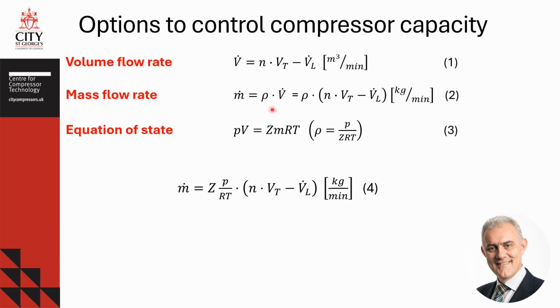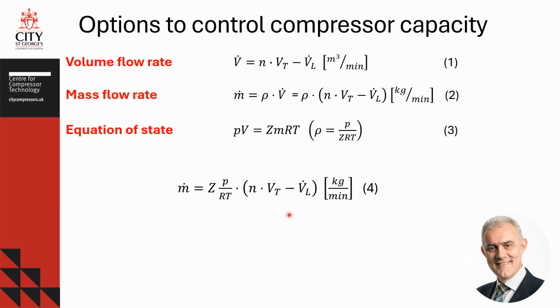To obtain the mass flow rate in equation 2, the volume flow rate is multiplied by the density of the gas at suction. By substituting density with the pressure over ZRT, one can obtain equation 4.